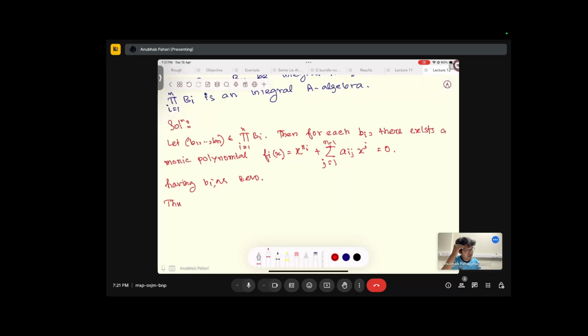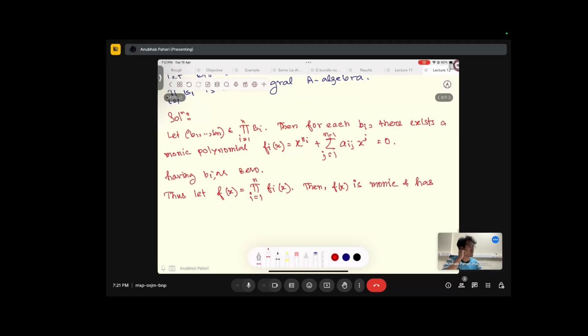Thus let f(x) equals the product over i equals 1 to n of fi(x), then f(x) is monic and has b1 to bn as its solution.